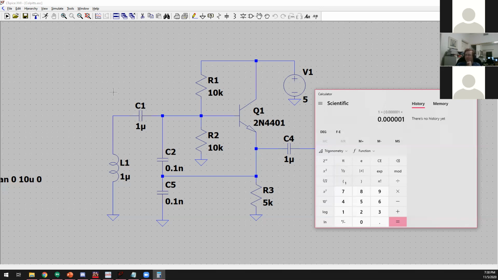We got C2 and C5, and they're in series, right? Yeah. So series capacitors are... help me out here, David.